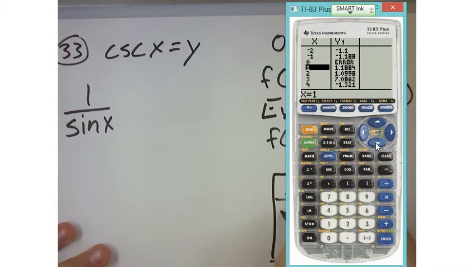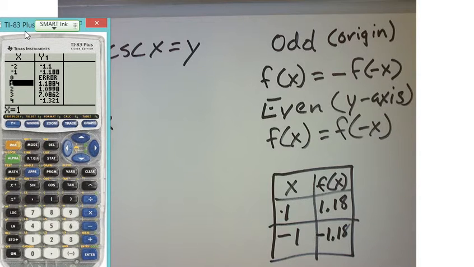When x equals positive 1, I get positive 1.18, right? So this is f of x. Now when x equals negative 1, I get negative 1.18.